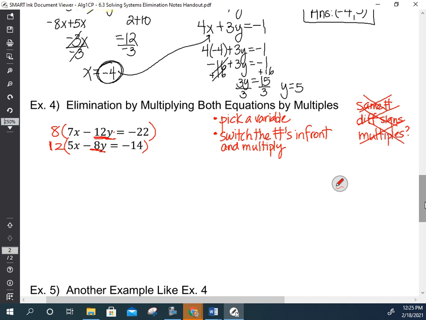So 8 times 7 is 56. 8 times negative 12 is negative 96. And 8 times negative 22 gives you negative 176.